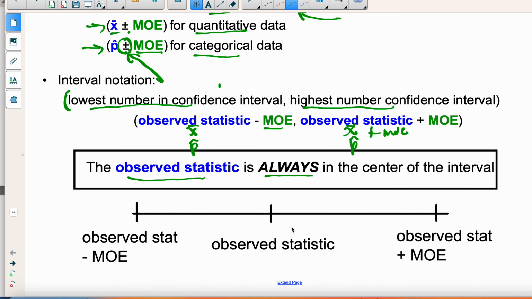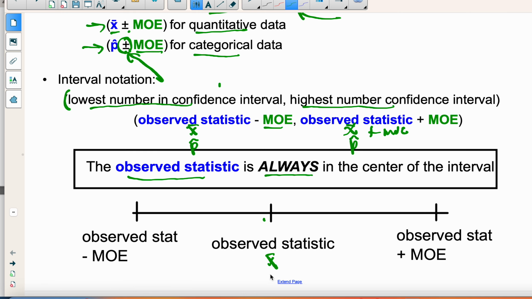Here's kind of what it looks like if we drew it on a number line. The center of the interval is going to be x bar or p hat. If I added the margin of error, it's just this distance from the center, our observed statistic, to the upper end of the limit and our lower end.